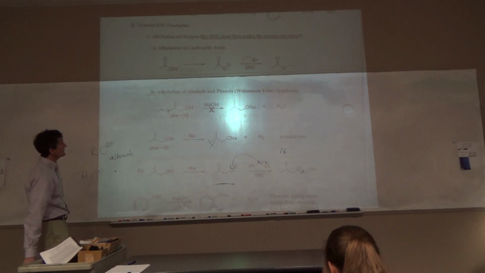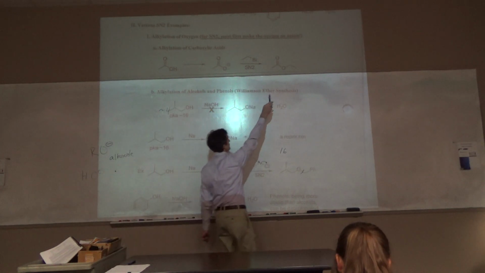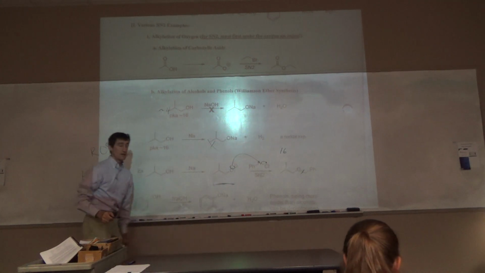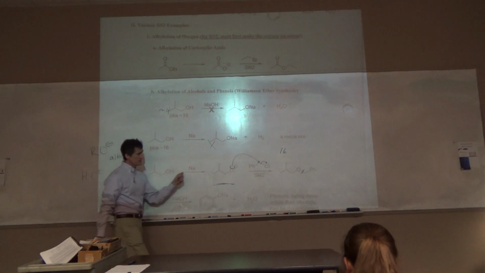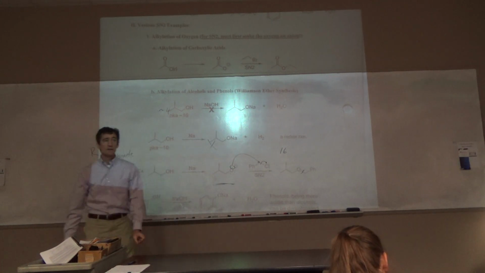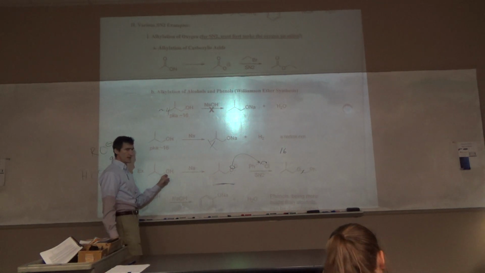By the way, what have we made in these reactions? Up there we converted the acid, the carboxylic acid, into what type of functional group? Ester. Down here we converted the alcohol into what type of functional group? Ether. This is a very common way to make ethers. By alkylating the ethanol, the alcohol.